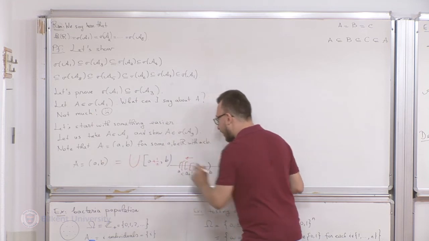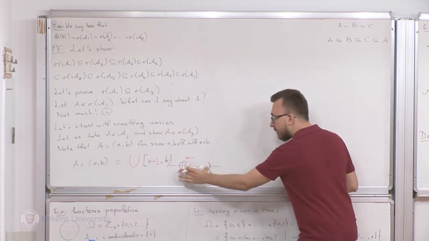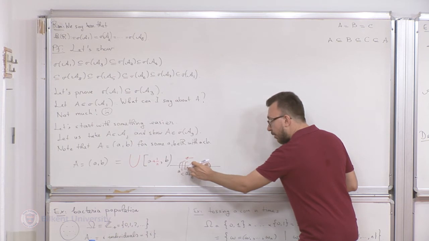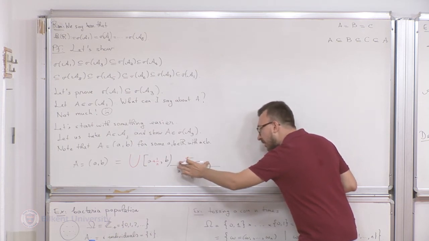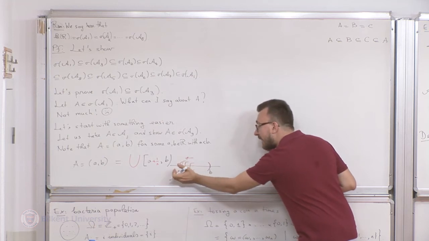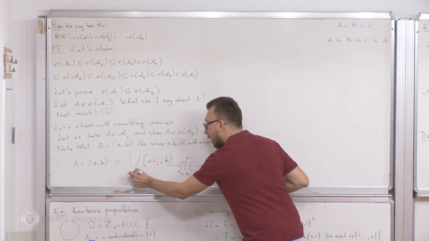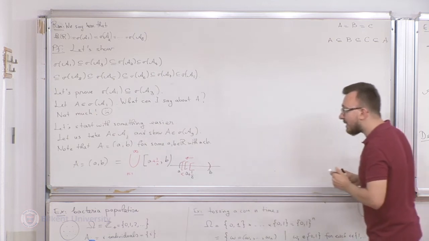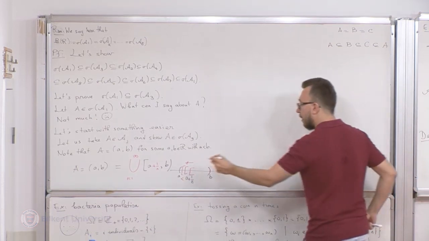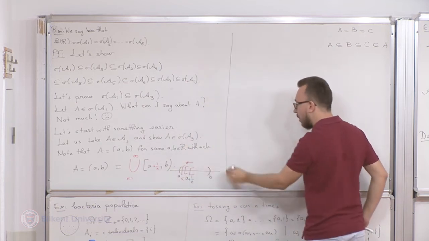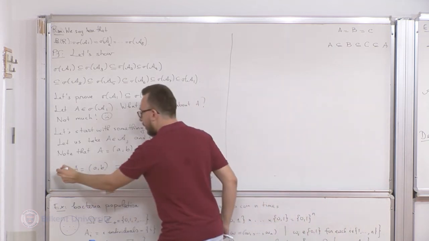Let me write it as a union. This set is smaller than A to B, so I have to take a union. It gets larger, larger, and larger, but never really touches A. If you are not convinced, let's show it. Okay? At least this is our claim.